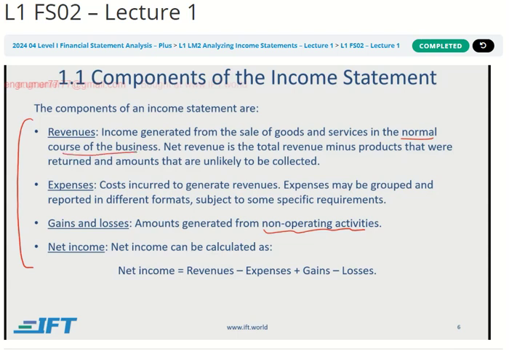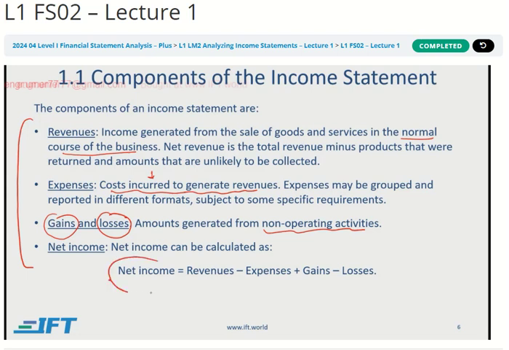These are your core revenues. And costs that are related to your core business that are incurred to generate those revenues are treated as expenses. Now, if you're having some losses which are not related to your revenues directly, or some gains which are not related to your revenues directly, then they are separately mentioned as gains and losses.